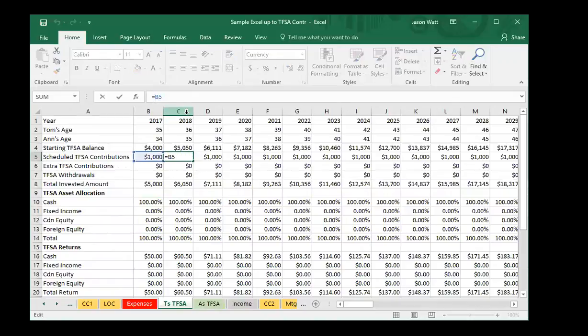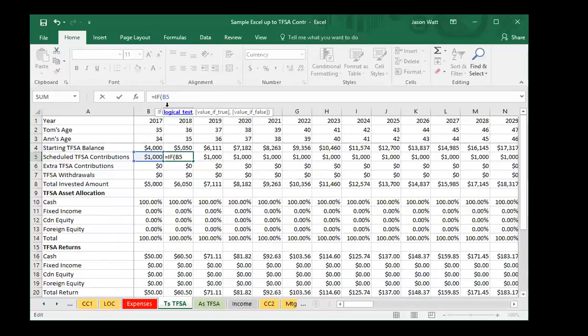But what I might want to do is an if here, where we're not going to touch the TFSA beyond that $1,000 while we still have debt on the line of credit. So I might attach this now to the line of credit.